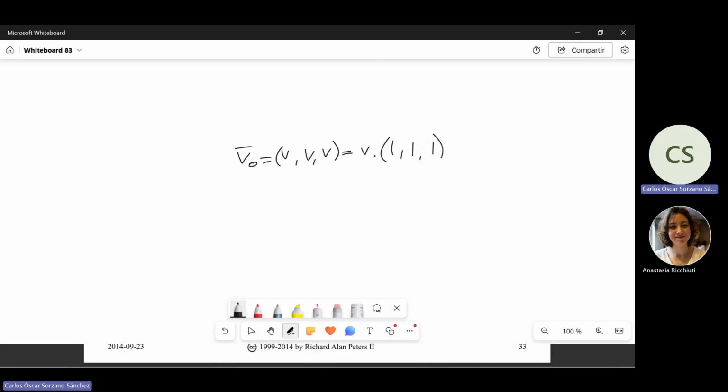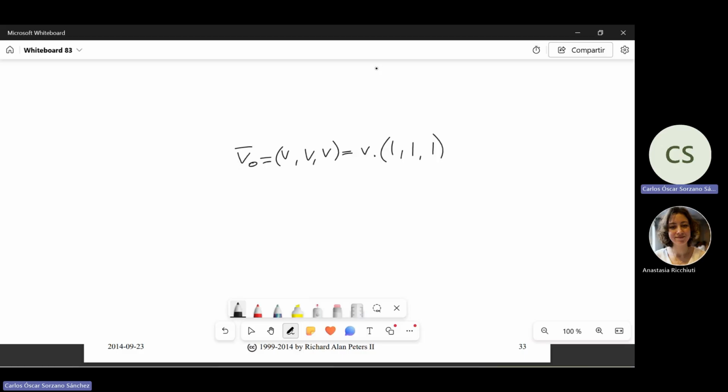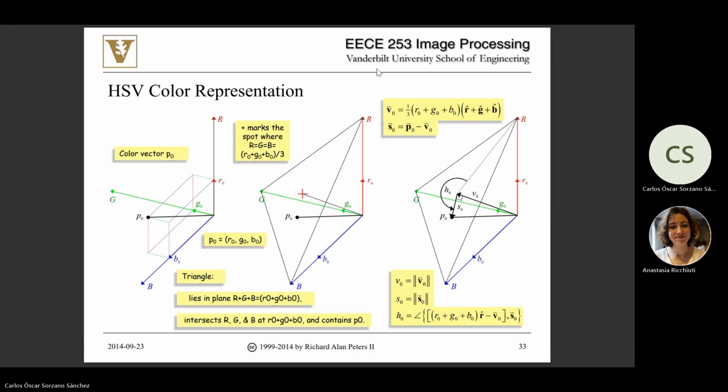That is a vector along the diagonal that has value V. You may remember we said a long time ago that when some color has the same value three times, that is a gray point. So we have chosen the gray point that has the same value as our color.